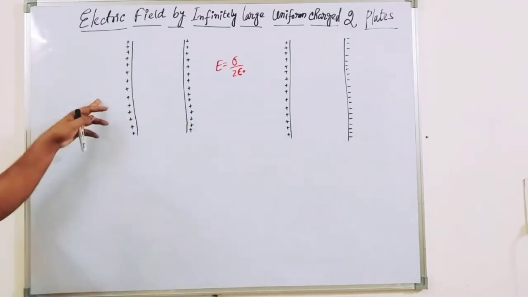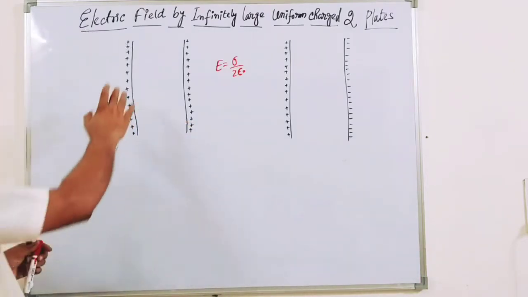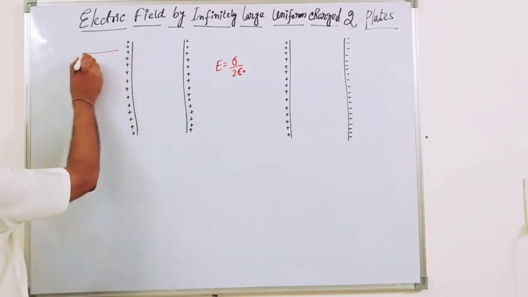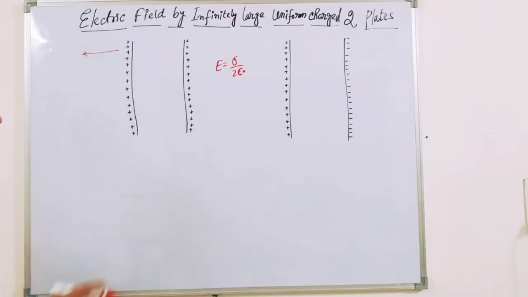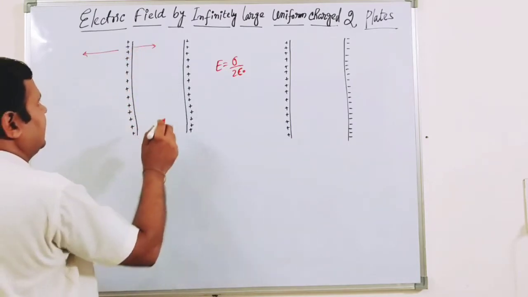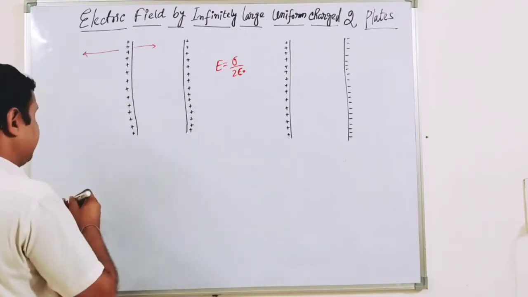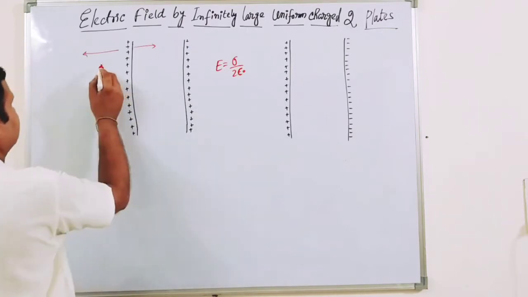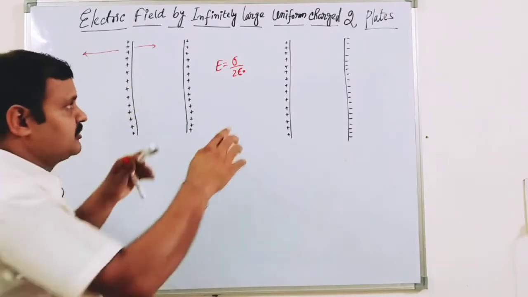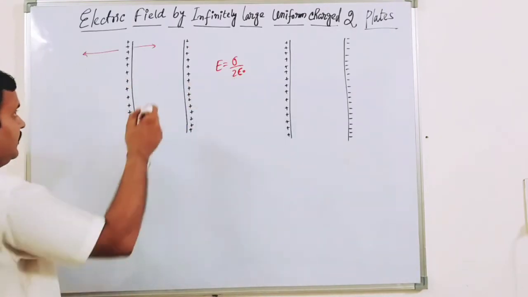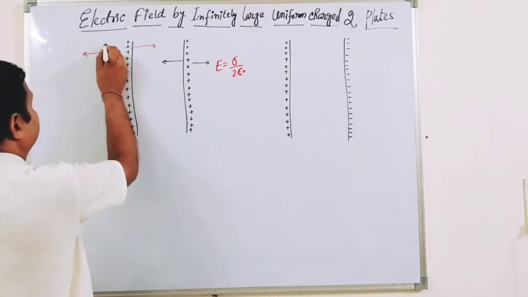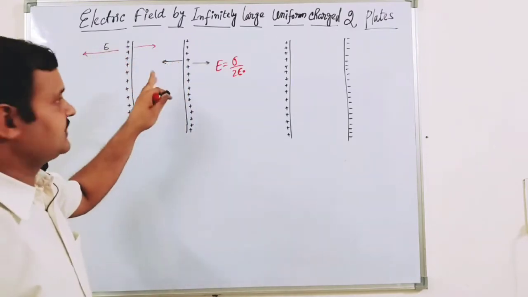Now the electrical field for this particular plate will be outwards, like this side and this side. There is no need to consider the areal vector because we have considered a single side. Here the charge is similar, the same charge.